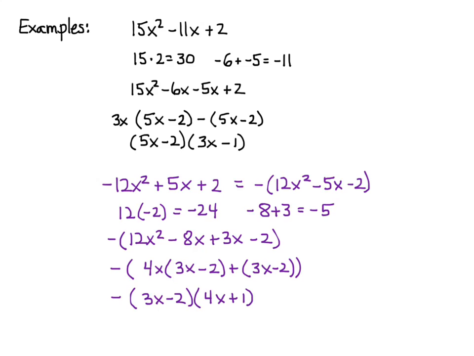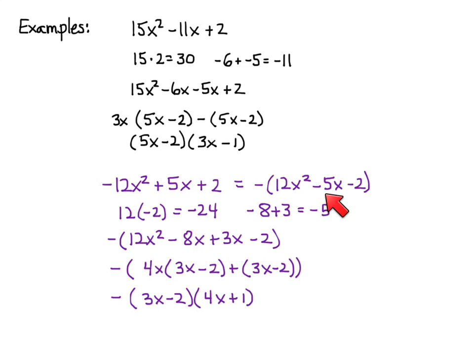Yes? Okay, so this is where I'm just confused, because when you rewrote it, and now it's -5 and -2, how come you keep the negative on the outside? Because I'm not distributing anything. So I have 12x squared minus 5x minus 2.